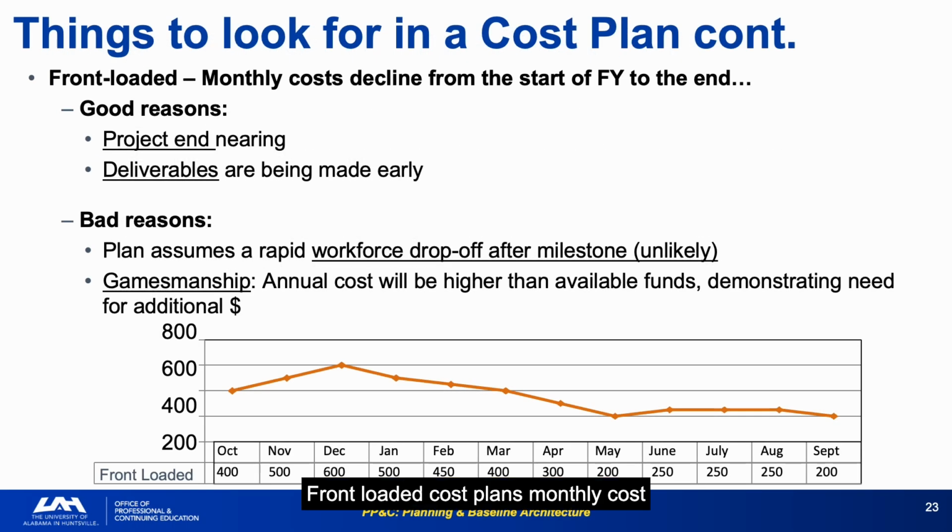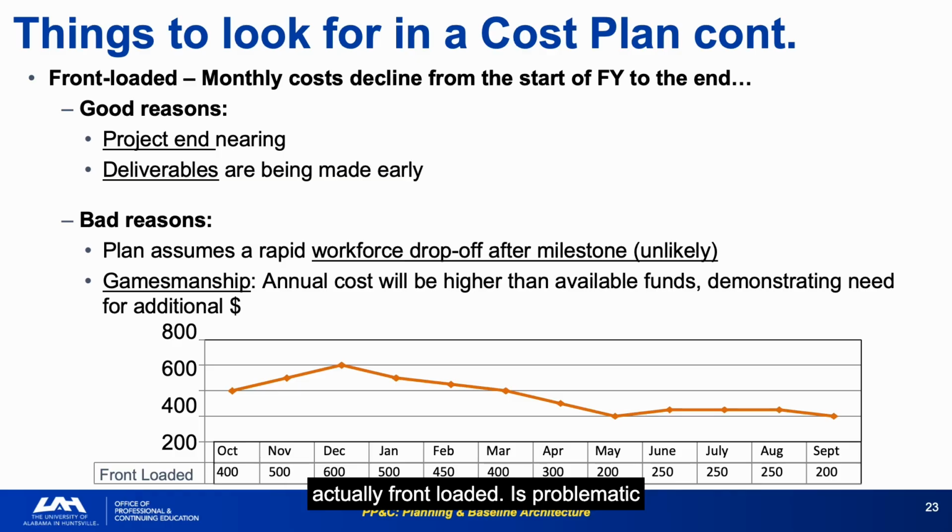Front-loaded cost plans, with monthly cost declining from the start to the end of the fiscal year, have both legitimate and problematic causes, and distinguishing between them is the analyst's core judgment call. Legitimate cases: project end nearing, so declining effort makes sense, and early deliverables, front-loaded because work is actually front-loaded.